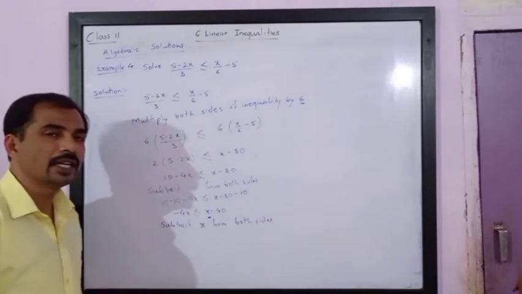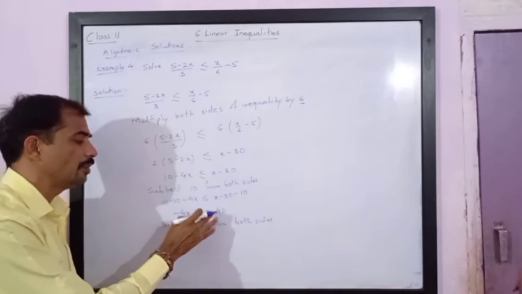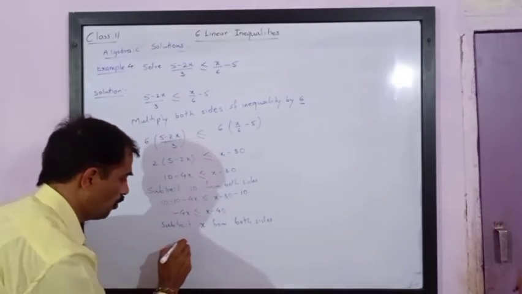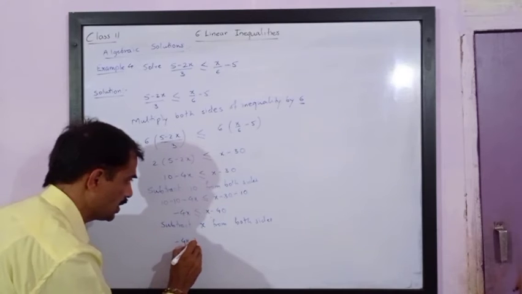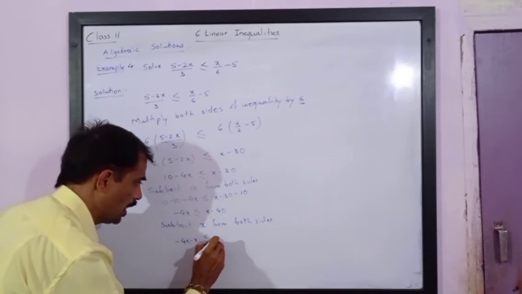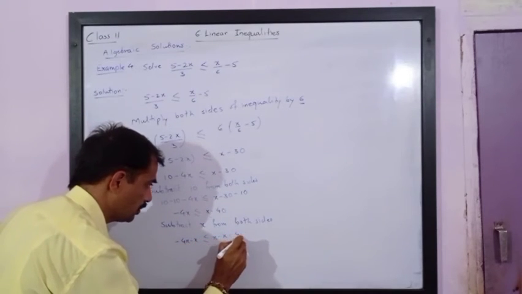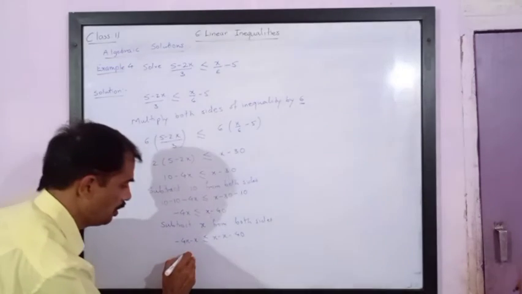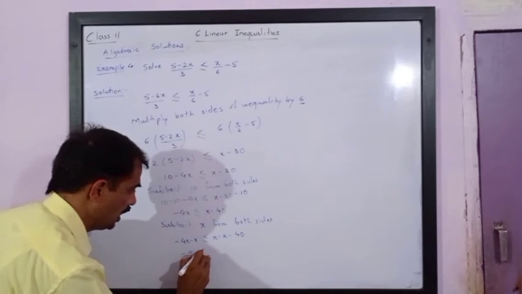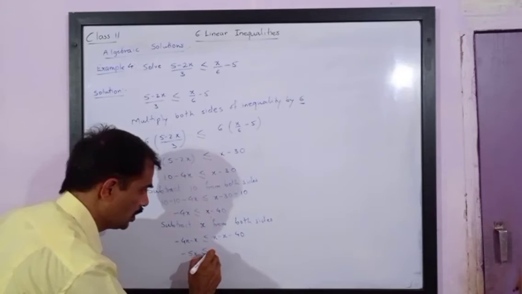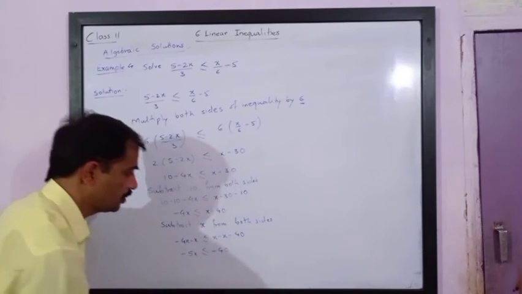If you are subtracting a real number from both sides, the inequality remains the same. So you will get minus 4x minus x is less than or equal to x minus x minus 40. So this will be minus 5x is less than or equal to negative 40.